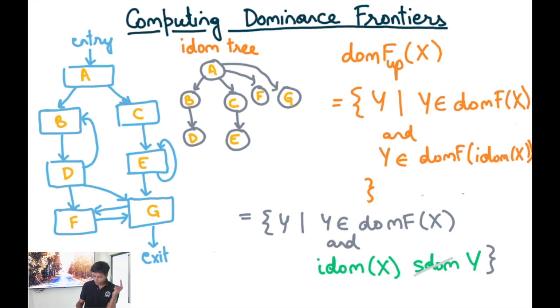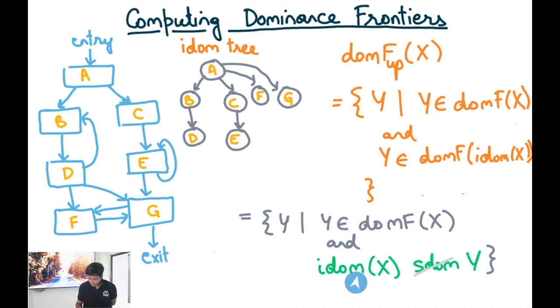Y belongs to the dominance frontier of X is common in both the sets. The only difference is that here I'm checking whether the immediate dominator of X strictly dominates Y or not. And I'm saying that the immediate dominator of X will strictly dominate Y if and only if Y does not belong to the dominance frontier of idom X.